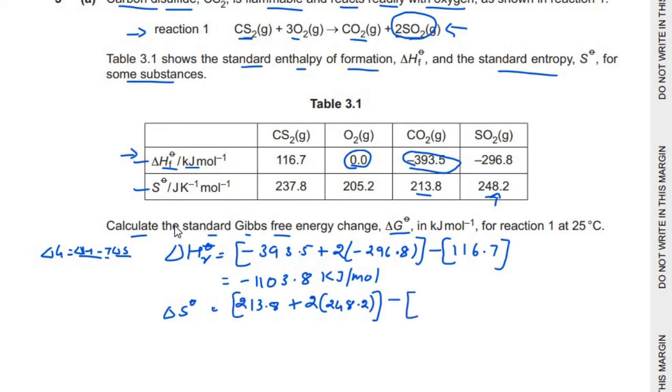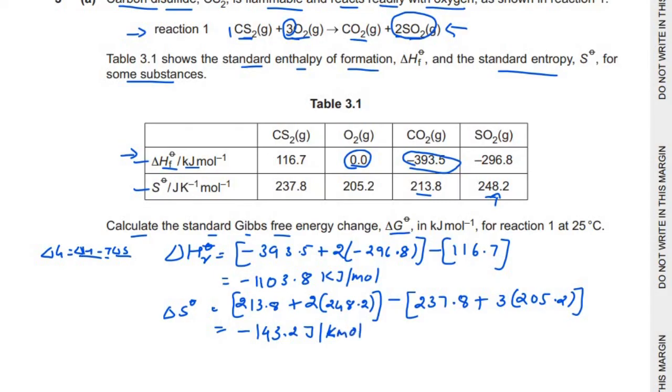So carbon disulfide again is 1, so we have 237.8 plus the oxygen's value. Now that has to be multiplied by 3 because here it's 3O2. So again 3 multiplied by 205.2. So this is how we calculate the entropy change, and that is minus 143.2 joules per Kelvin per mole.